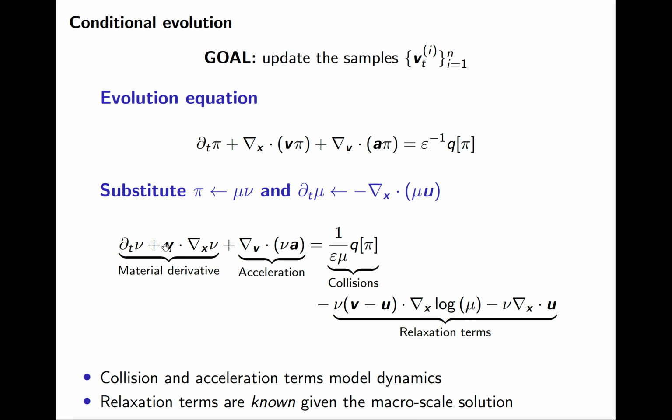So on the left-hand side here, we first have a material derivative, which basically says that the time derivative of each one of these particles and how they'll change in time in this Lagrangian frame is this material derivative. The second term on the left-hand side is the acceleration term, which basically says that the particles are advected around the velocity coordinate by the external acceleration a.